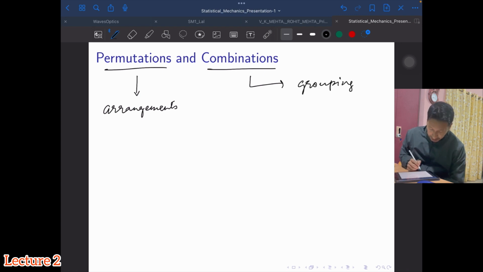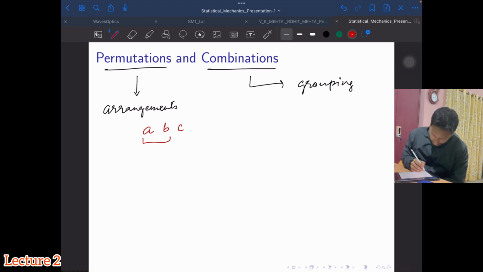Now let's say there are 3 objects A, B, C, which are distinguishable objects. I take 2 at a time. I can take A and B first, A and C, B and C, whichever way. I want to arrange them in different meaningful ways.